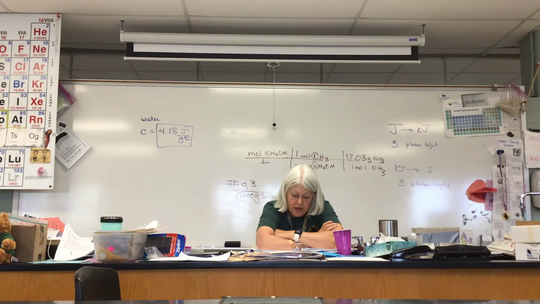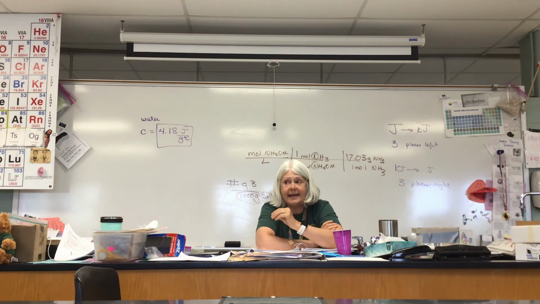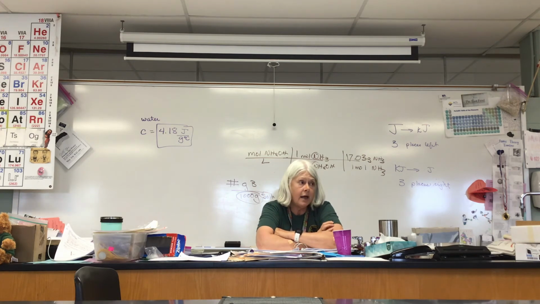What you need to be aware of is you can't use volume of base times molarity of base equals volume of acid times molarity of acid for anything that doesn't have ones for coefficients unless you adjust it accordingly. But everything has ones for the coefficient in your titrations.